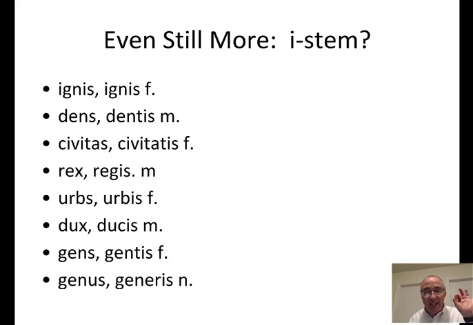No! Ignis, ignis! Yes, parasyllabic. Dens, dentis. We haven't run into these yet in the words, but dens, dentis is I stem because the stem, the base, ends in two consonants. Civitas, civitatis, nope. Rex, regis, we already talked about, nope. Urbs, urbis, yes. It's a two consonant stem.